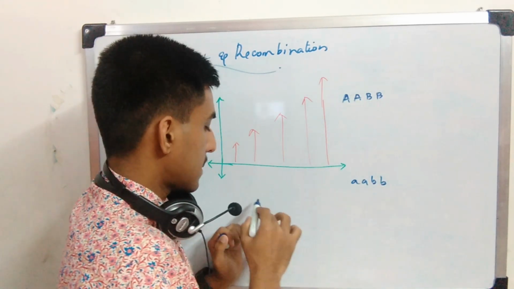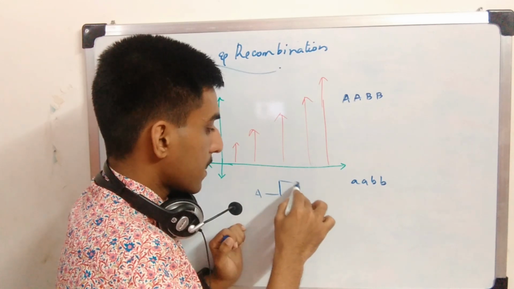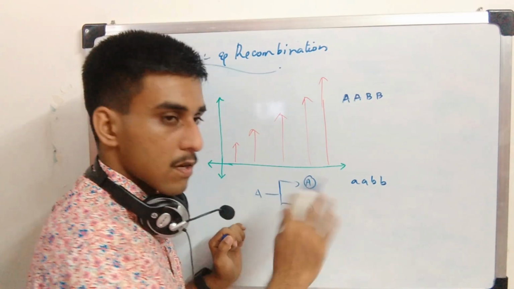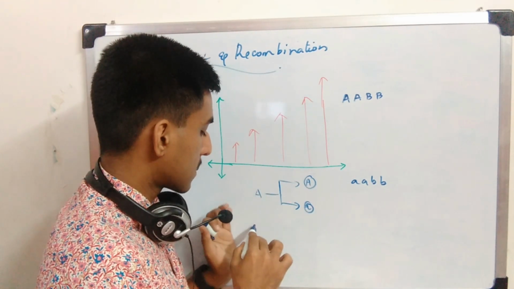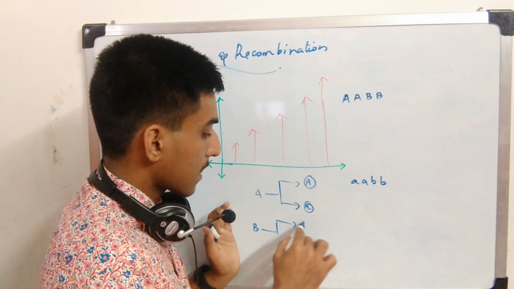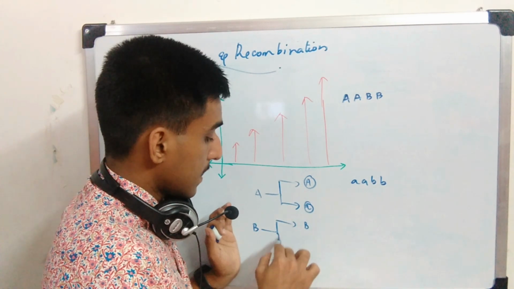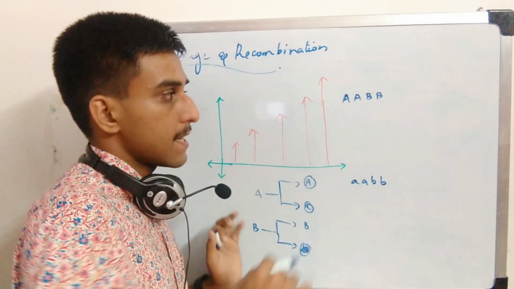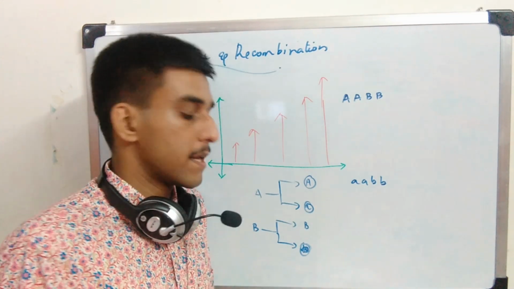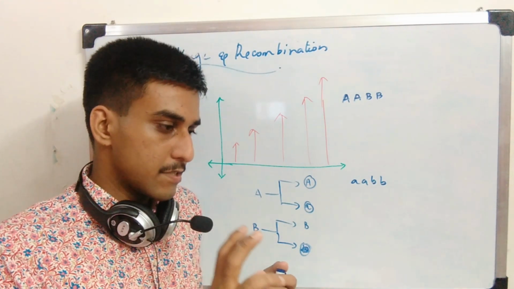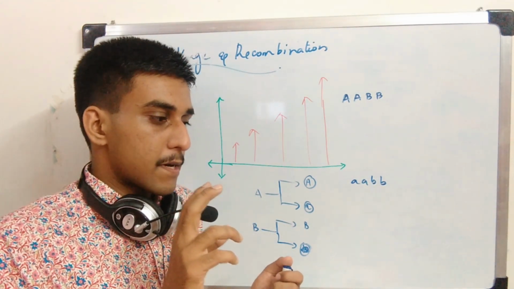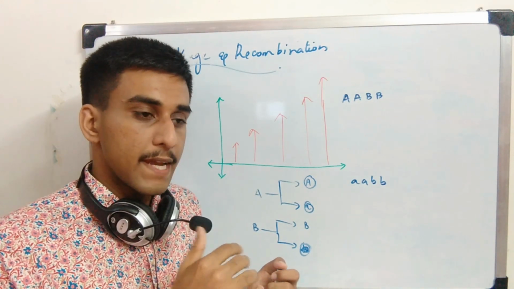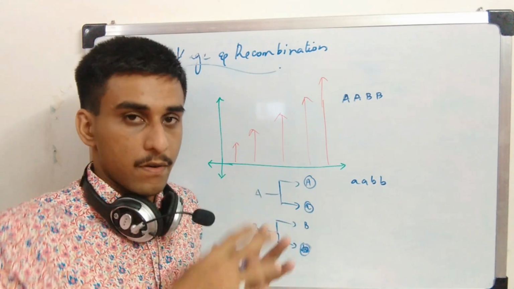I am just giving the condition that A in its dominant form can contribute, in its recessive form can't contribute. And B in its dominant form can contribute, B in its recessive form can't contribute. So I am taking the melanin synthesis of a human being. What is melanin synthesis? Melanin is a chemical secreted by the skin to maintain the skin tone.